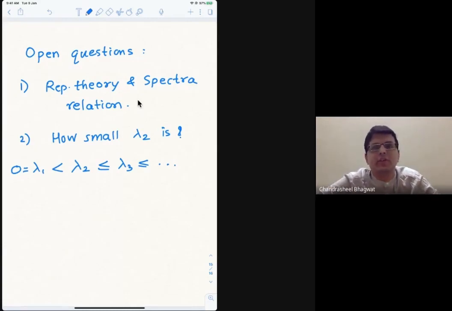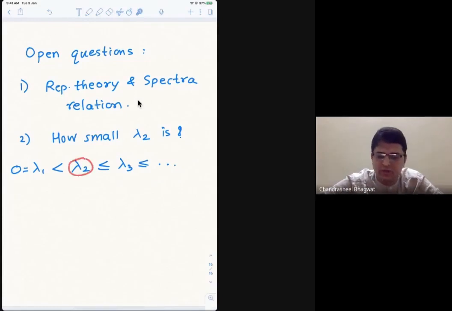Such a function, if you differentiate whatever number of times, you are going to get 0, and 0 will be the eigenvalue of such a function, and hence the first eigenvalue is always 0. And since it's a positive semi-definite operator or matrix, whatever you want to think about, the further eigenvalues are going to be strictly positive. And the question is how large or how small this one is.